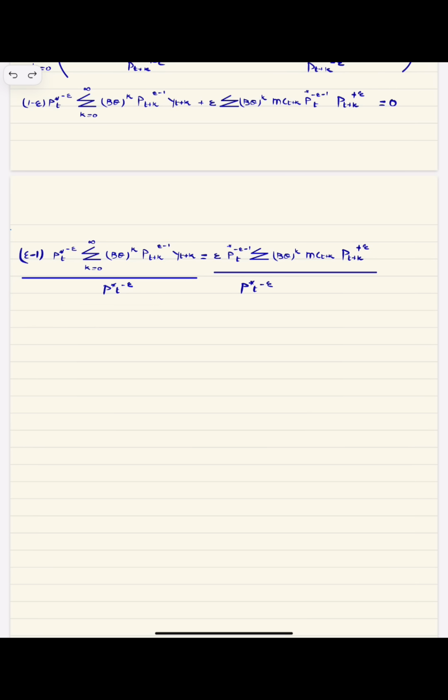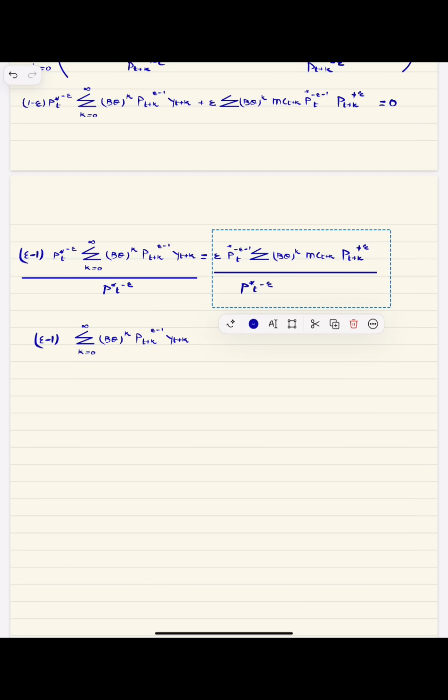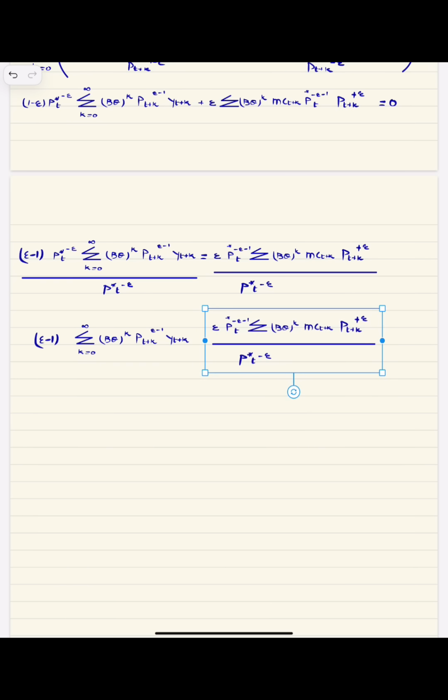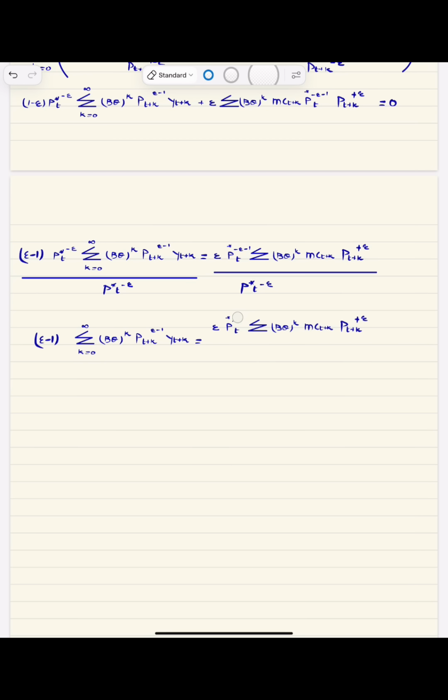The p star gets cancelled out completely, so this goes away. And on the right hand side, we're only going to be left with a p star. So it's easy to make it the subject now. So this goes away, this goes away. We're just going to be left with a p star t.